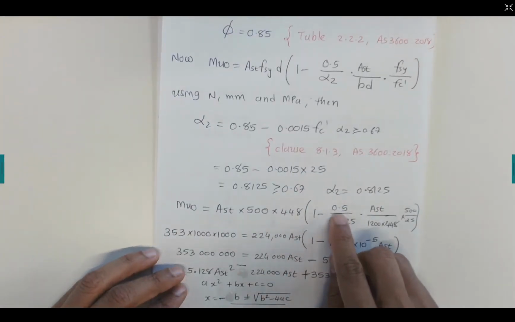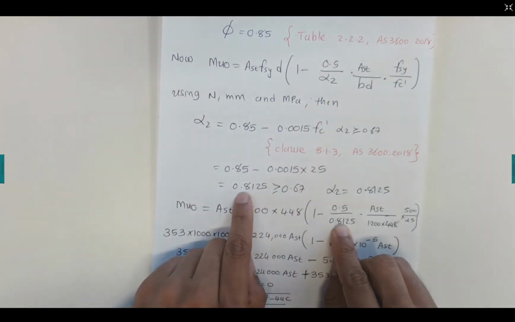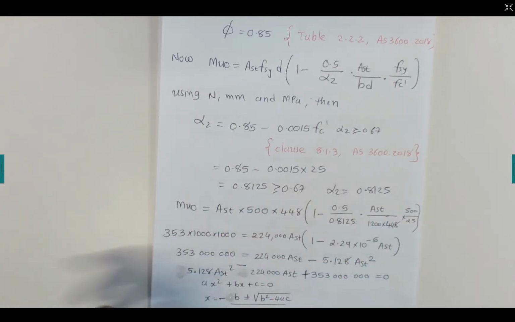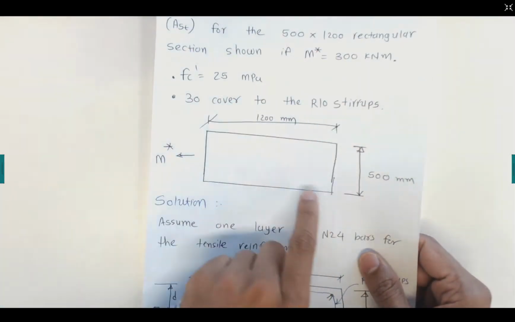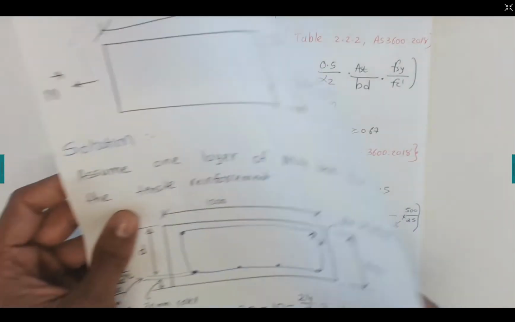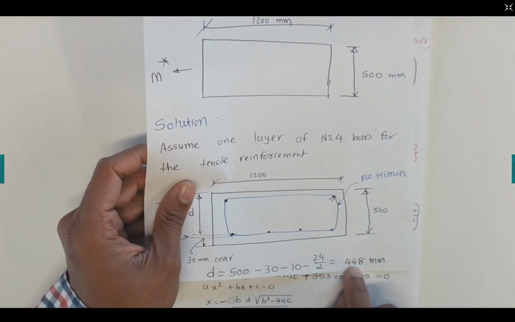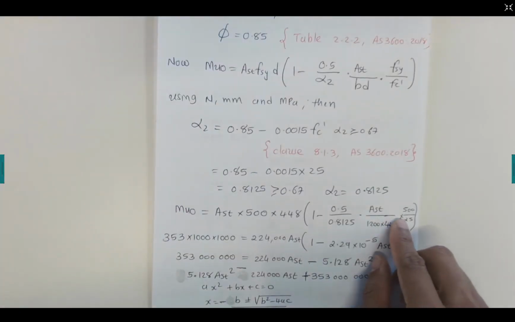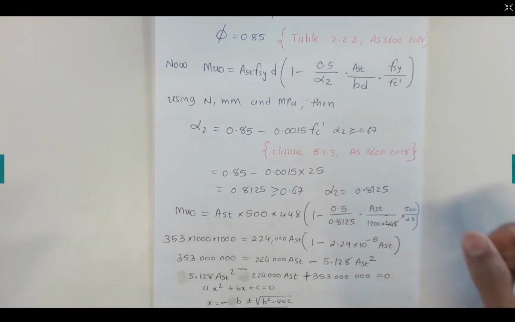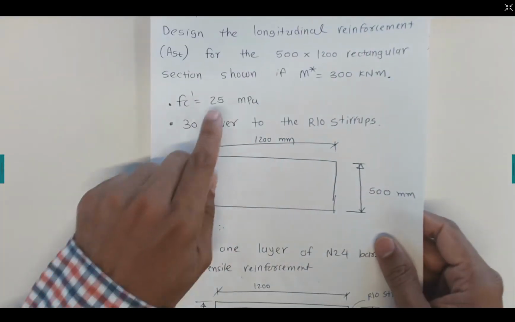1 minus 0.5 alpha 2, which we calculated as 0.8125, times AST, which we need to find. b is 1200 millimeters, given in the question, times d, which we calculated as 448 millimeters, times fsy, the yield strength of the reinforcement, 500, and f'c, the characteristic strength, 25, given in the question.